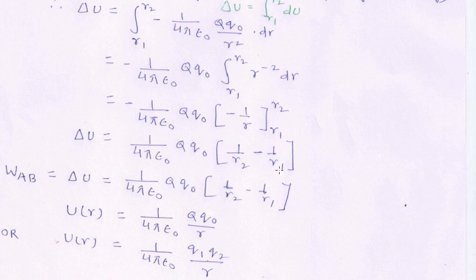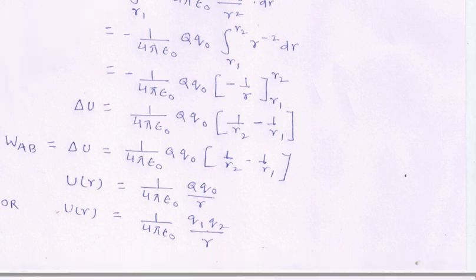So R1, that is point A, is at infinity, and R2, that is point B, is at a distance R from the given charge. So 1 upon R1 means 1 upon infinity, which equals 0, and 1 upon R2 equals 1 upon R. So the potential energy of the system U of R is 1 upon 4 pi epsilon 0 Q Q0 upon R.